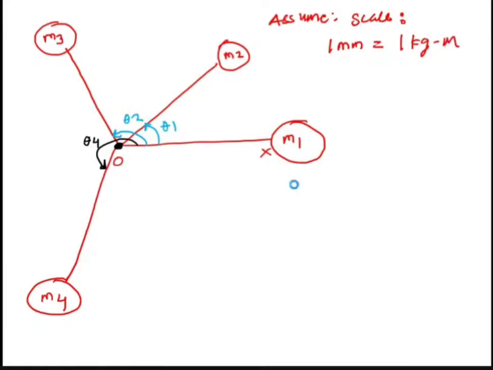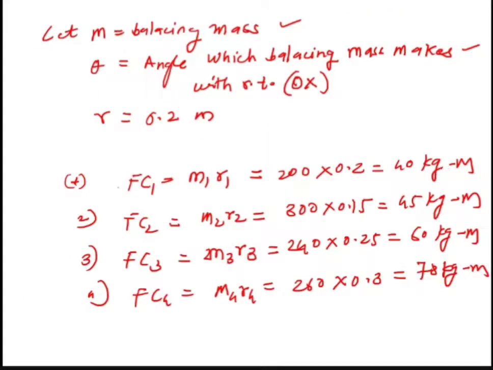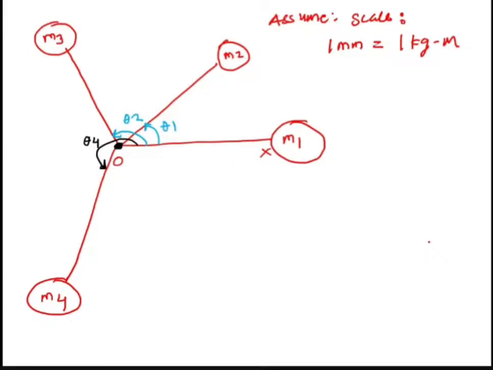So 1 mm equal to 1 kg meter means 40 kg meter will give you 40 mm, 45 kg meter will give you 45 mm, 60 kg meter will give you 60 mm, and 78 kg meter means 78 mm, that is 7.8 centimeter. So a 7.8 centimeter line is sufficient, you can draw it on your page. You have to select a suitable scale. This is very, very important.